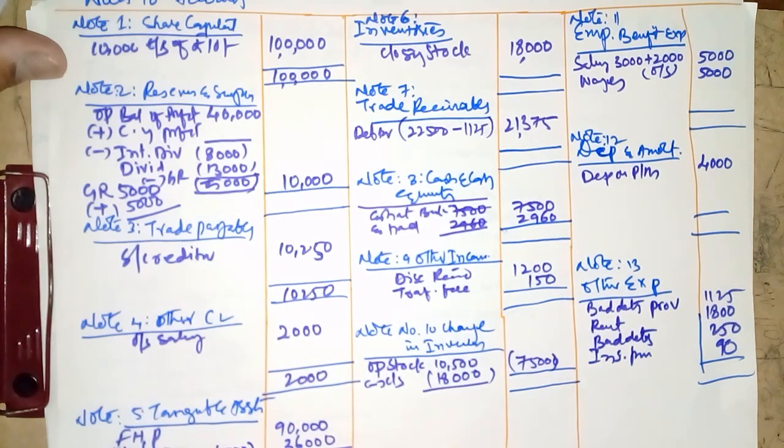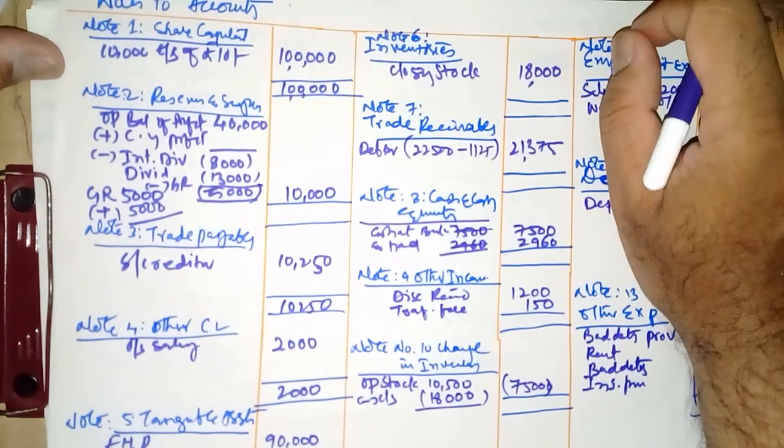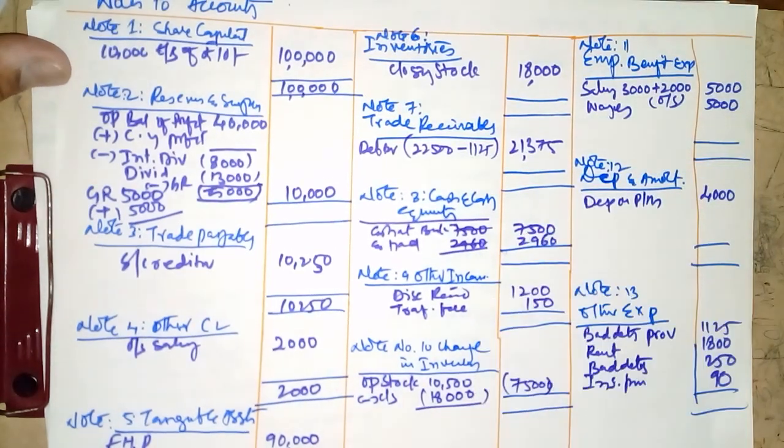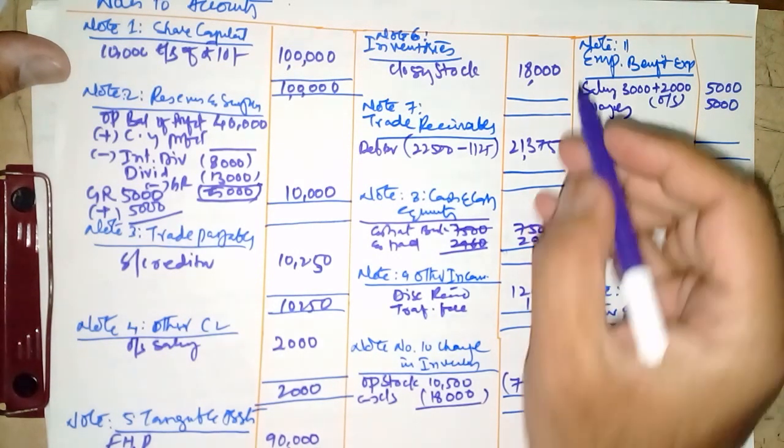Then we have tangible assets, that is 90,000 plus 36,000 comes to 1,26,000, right? So tangible assets 1,26,000 is done.